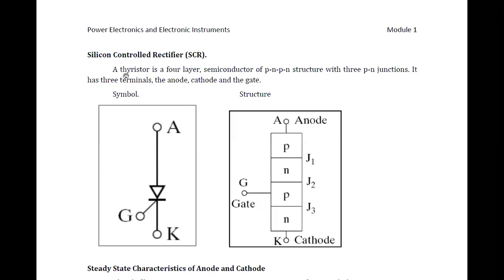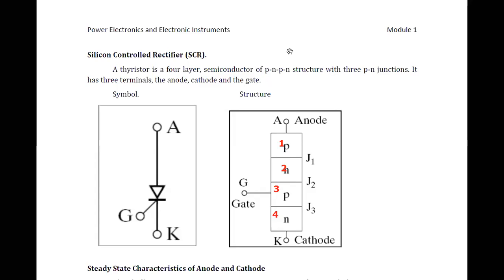It says it is a four layer device. This is the first layer, the second layer, the third layer, and the fourth layer: 1, 2, 3, and 4. The layers are P, N, P, and N, so it is a four layer PNPN structure with three junctions.